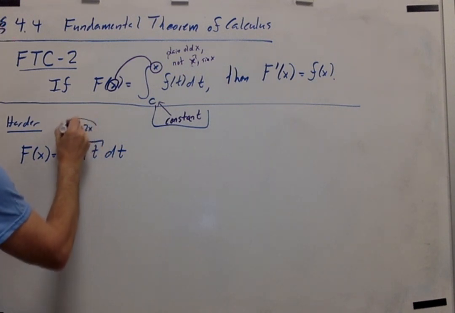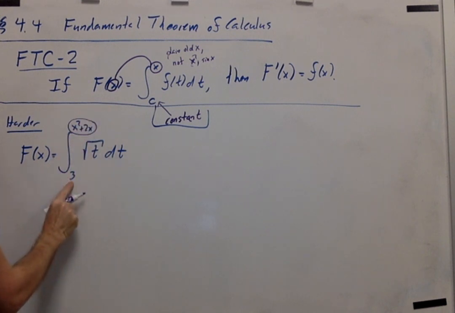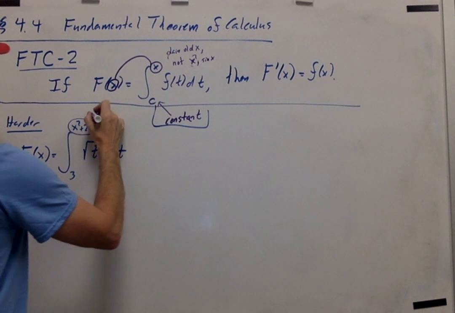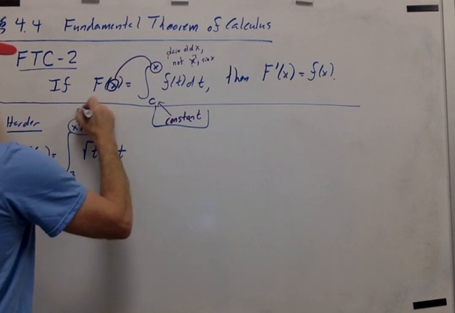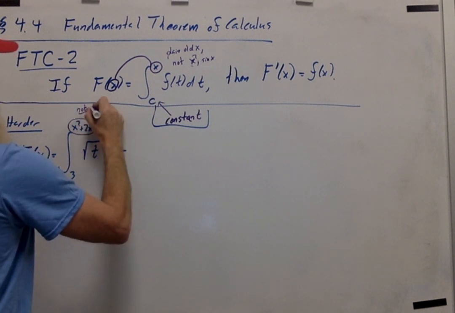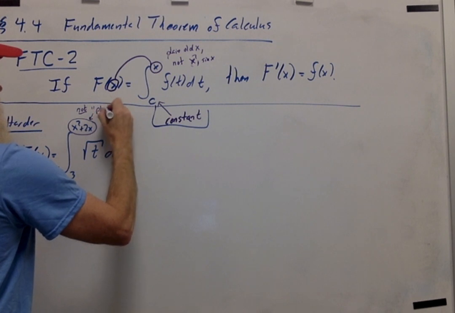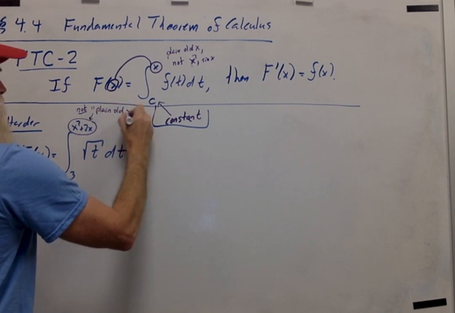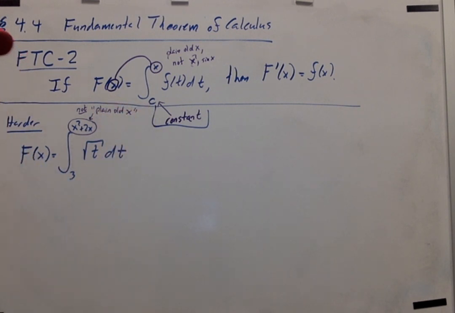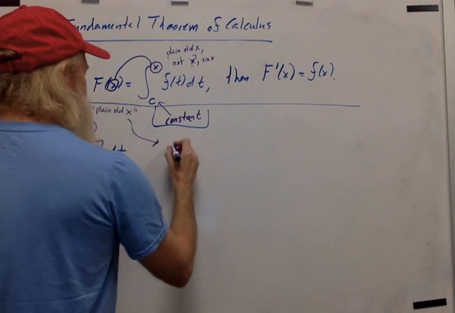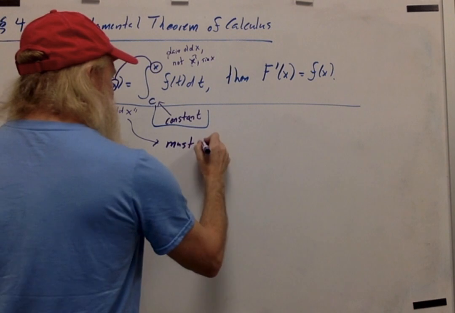So the problem here is that even though the lower bound is a constant, as is required, the upper bound is not plain old x. In this situation, you must use the chain rule.